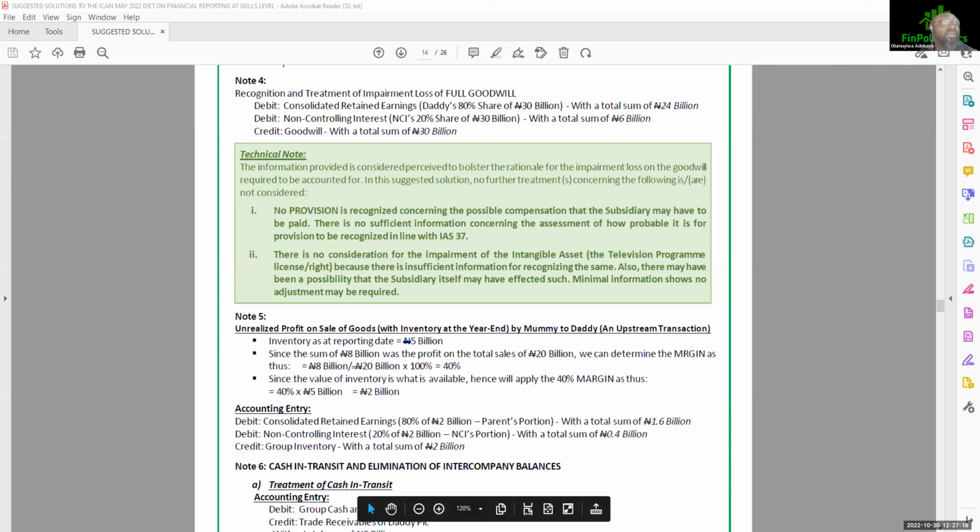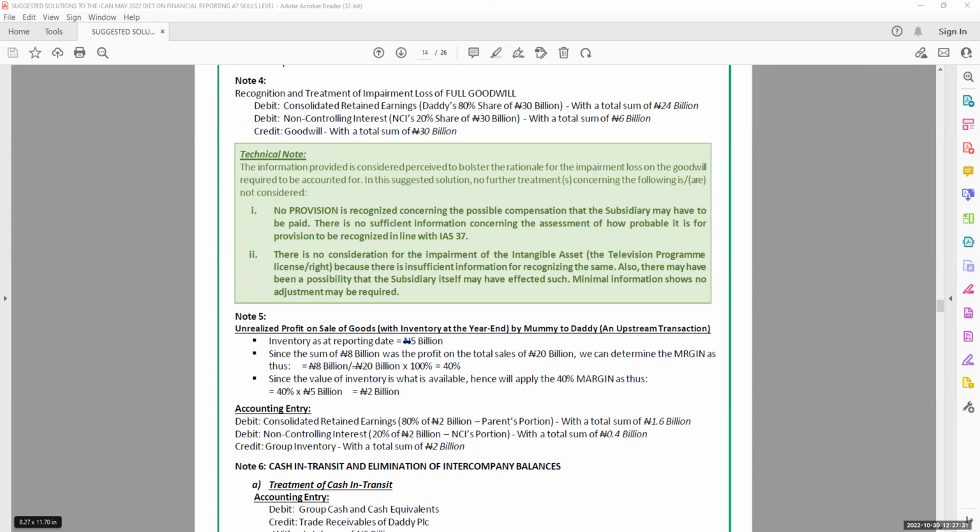Okay, Kevin Zaire, hold on, let me grant you access. Over to you. Okay. The technical note. The information provided is perceived to bolster the rationale for the impairment loss on the goodwill required to be accounted for. In this suggested solution, no further treatment concerning the following is considered. 1, no provision is recognized concerning the possible compensation that the subsidiary may have to pay.